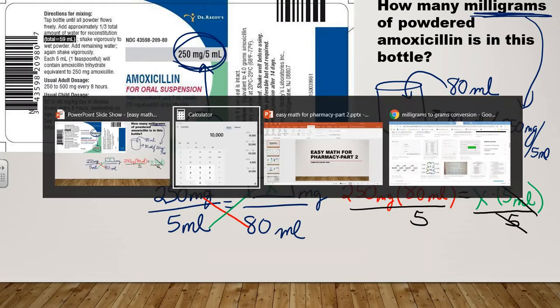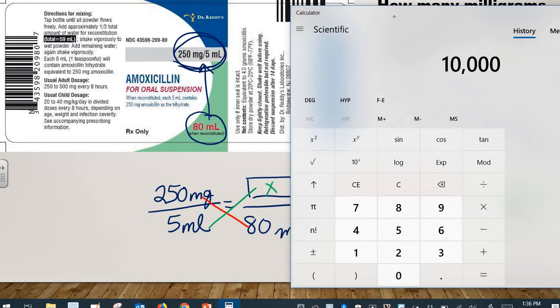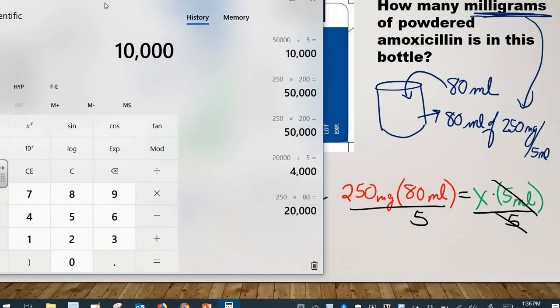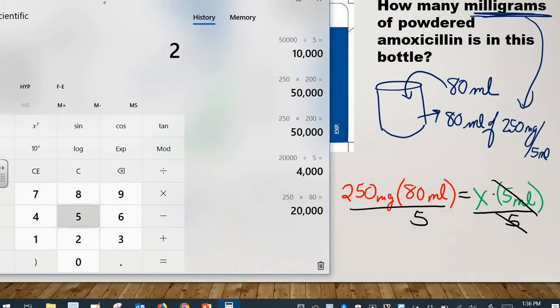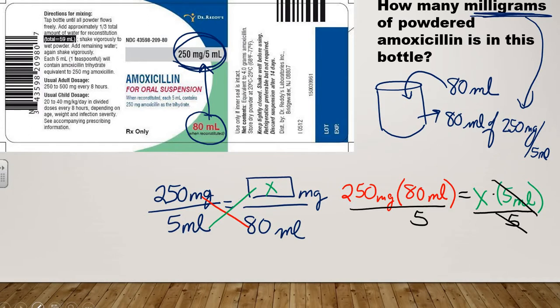So now in a calculator, we are going to do 250 times 80 equal sign, that's 20,000, divided by 5. So that's 4,000. So in this bottle is going to be 4,000 milligrams of powder is in this bottle.